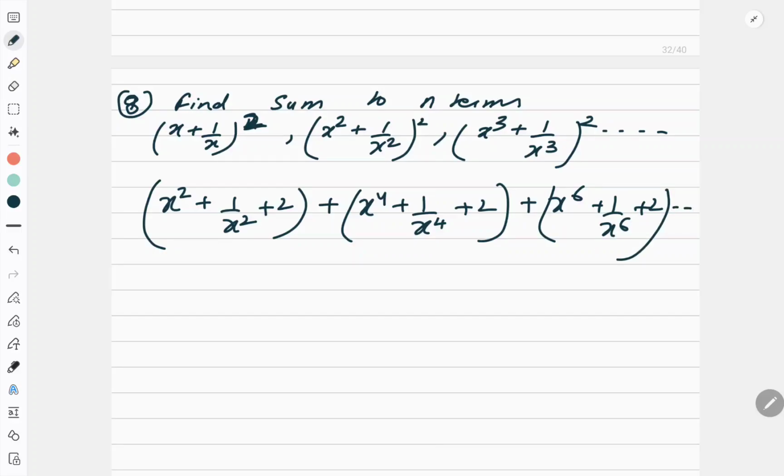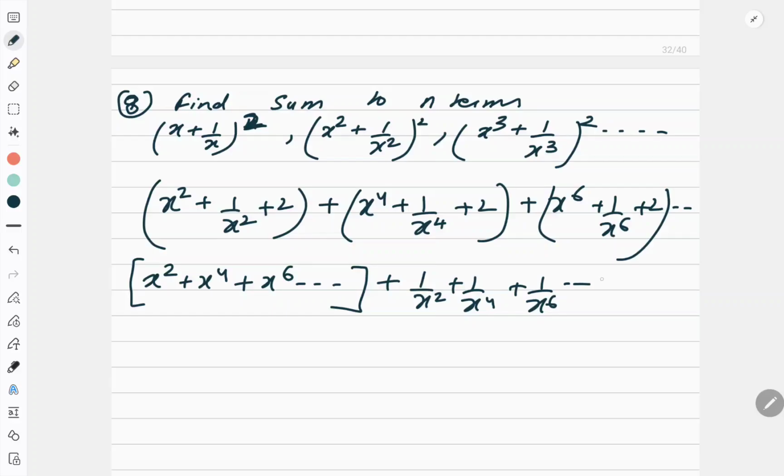Like this it will keep on going. Now collect the first term, x square plus x to the power 4 plus x to the power 6. This is 1 GP, plus 1 by x square plus 1 by x to the power 4 plus 1 by x to the power 6. This is 1 GP. Correct? Plus 2 plus 2 plus 2 plus 2 n times. So 2n. Correct? So now I got this.